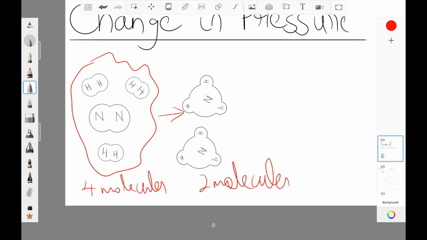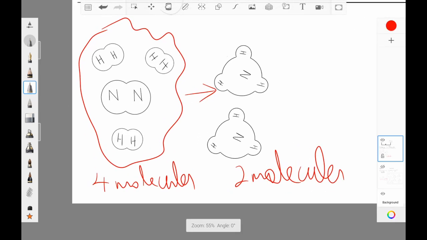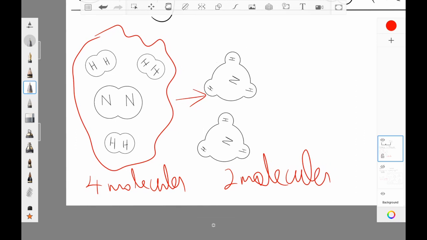Right, so as you can see here, this is the forward reaction where I have N2 reacting with 3H2 to form 2NH3. On the reactant side, I have 4 molecules, 1, 2, 3, 4, and on the product side, I have 2 molecules.